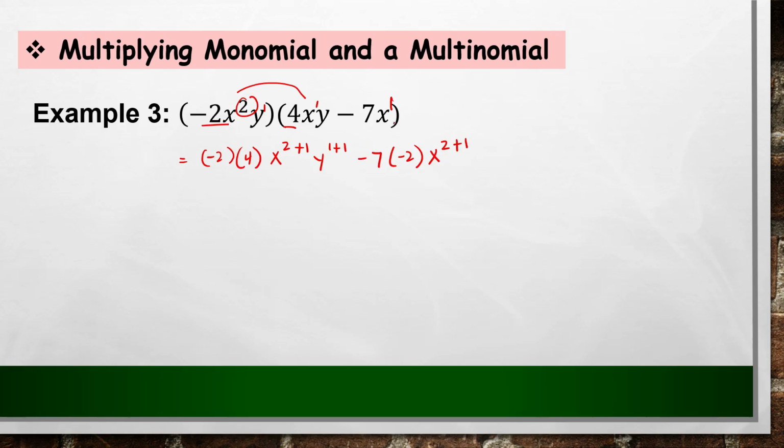There's no y there, and there's a y on the monomial that we're multiplying, so we need to just include that. Negative 2 times 4 is negative 8, then x raised to 3 y squared plus 14. You need to consider that 7 as negative, so negative 7 times negative 2 is positive 14. X raised to 3 and then y.